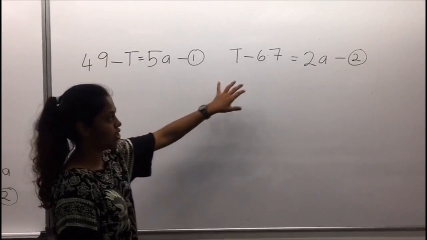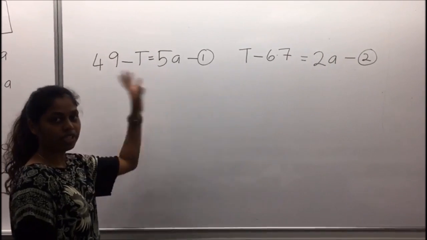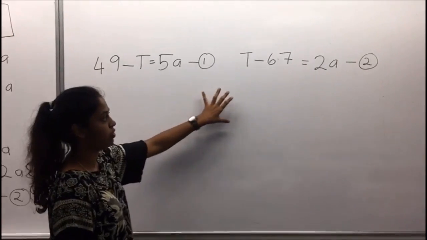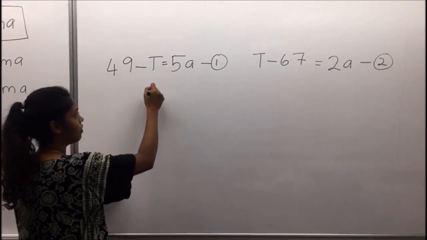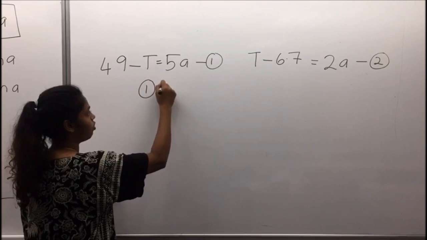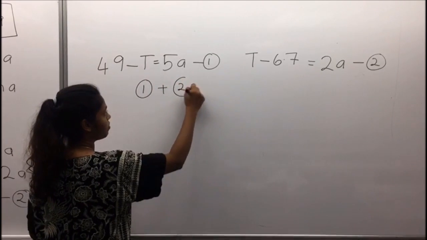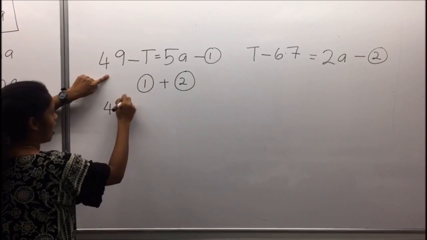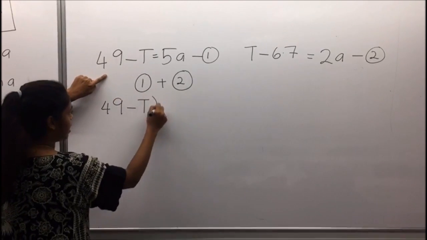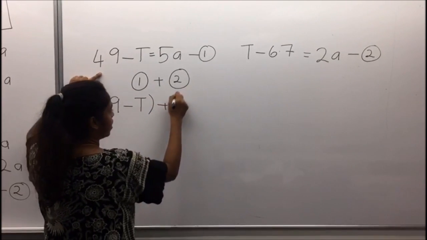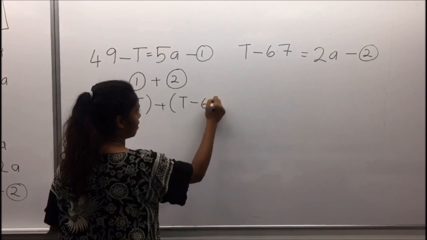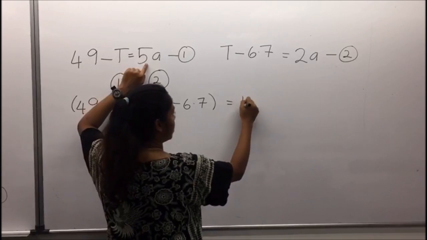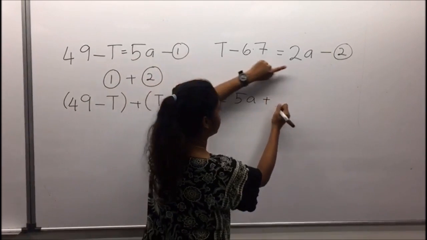These are the two equations derived from the free body diagrams. Using our algebra, we are going to solve this. For the first method, I am going to use equation 1 plus equation 2, adding 49 minus T with T minus 6.7, and also 5a plus 2a.